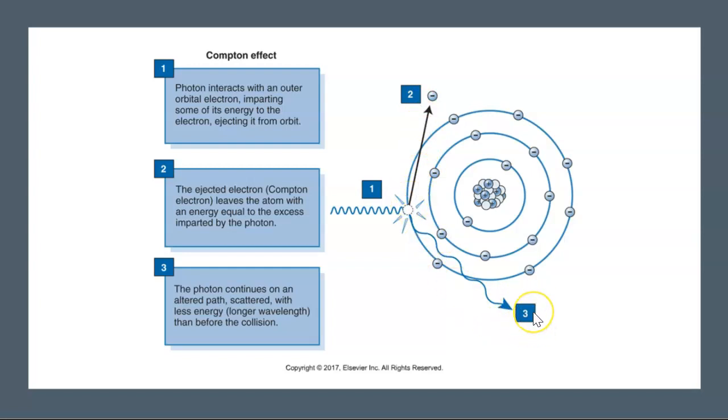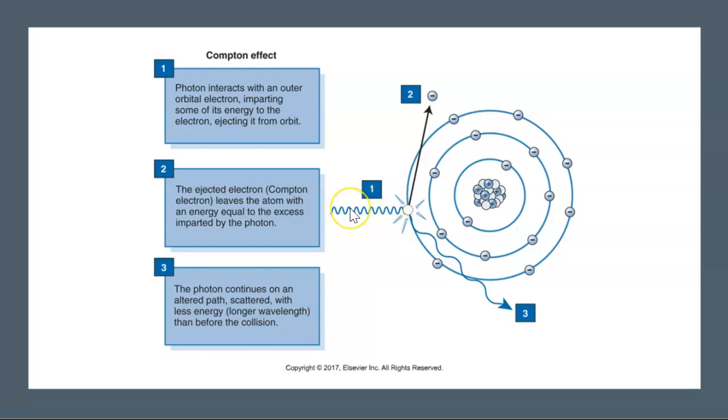The photon continues in an altered path, scattered, with less energy, so a longer wavelength. See how high energy this is, and see how long this wavelength is, which means it's lower energy. You can see we had some energy loss, but if you add these up, it'll equal here, because remember, we can't get rid of energy, it's only converted.